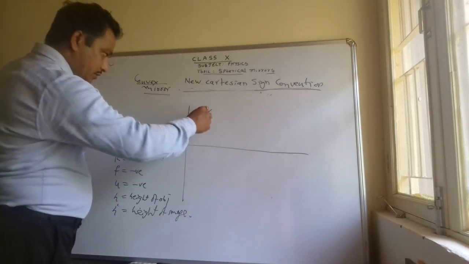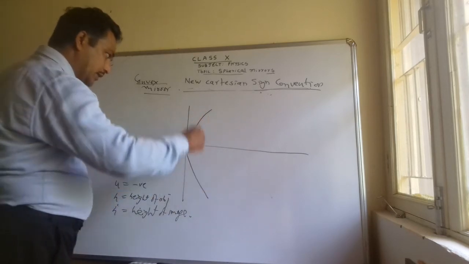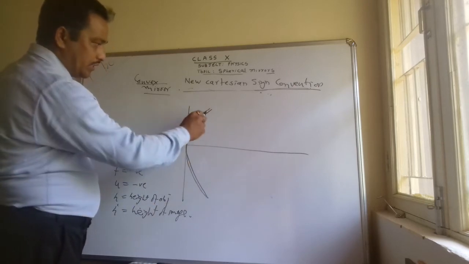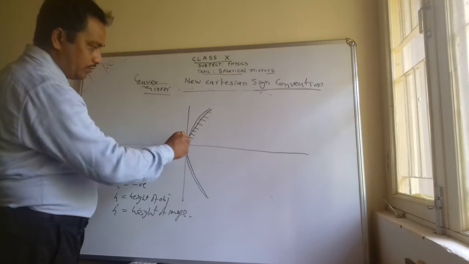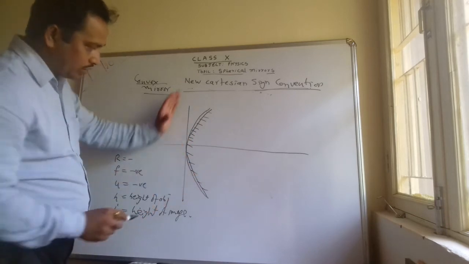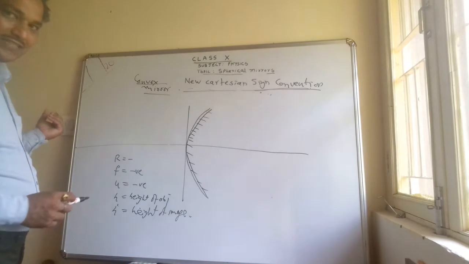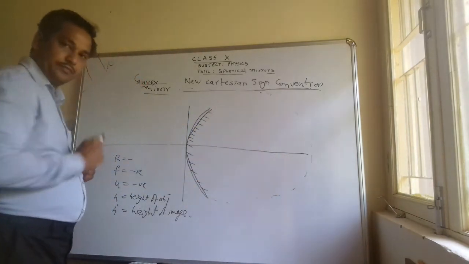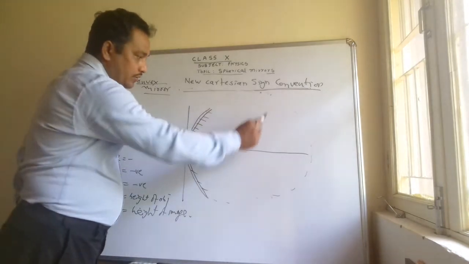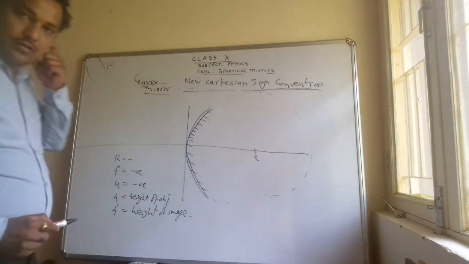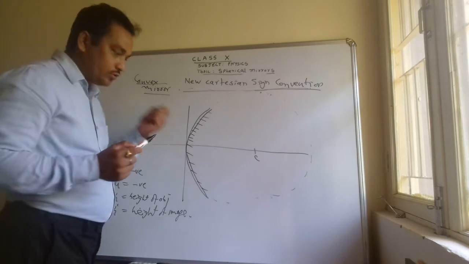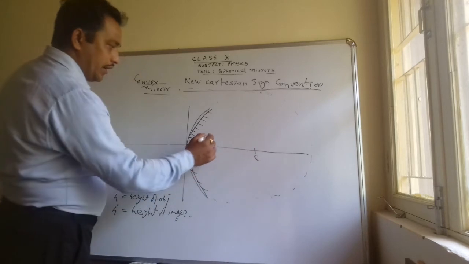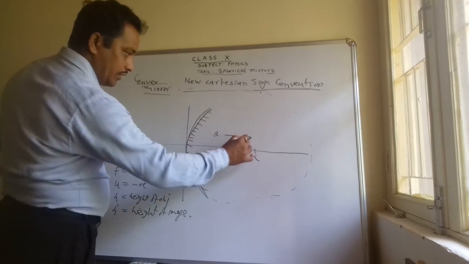So we will keep the mirror like this. Here the inner part is polished, and the outer part of the sphere is the reflecting surface. Okay, so here an imaginary circle is formed, and here this will be the center of the circle. We call it the center of curvature in physics, and this distance is called the radius of curvature.